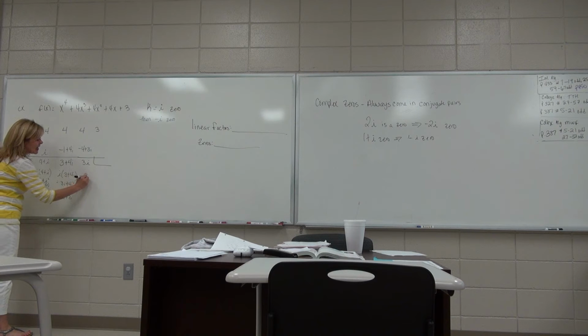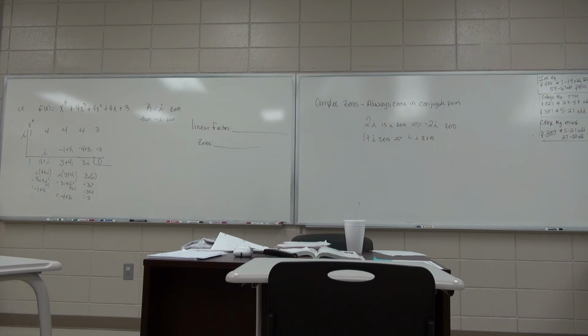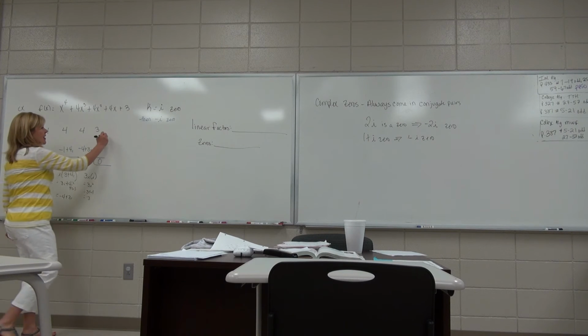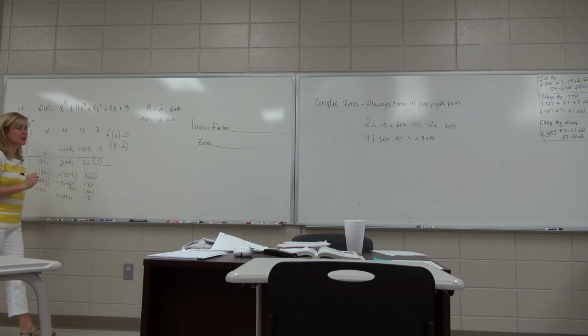Now if I say i times 3i, I get 3i squared, so that's 3 times negative 1, which is negative 3. So you do get your remainder of 0. So I can say that f of i equals 0, so x minus i is a factor.